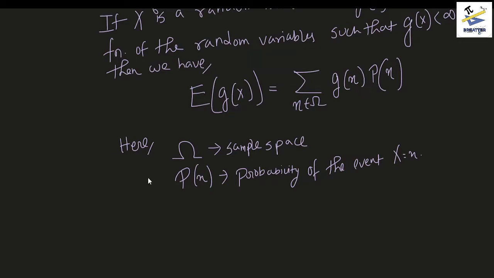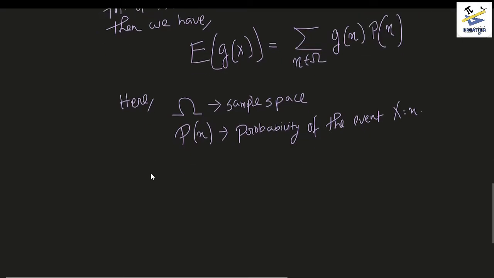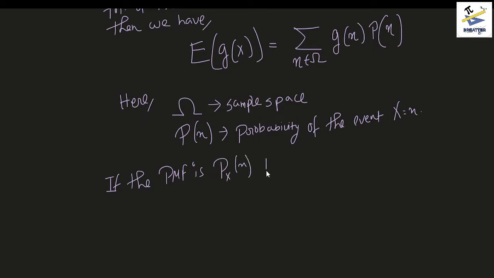Now we can move forward to find our required expectation for E[X^2]. So if the PMF is P(x), then E[X^2] should be equal to the summation over small x belonging to the sample space omega of x squared times P(x).